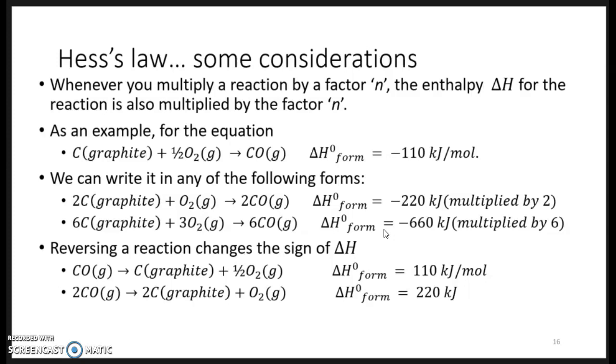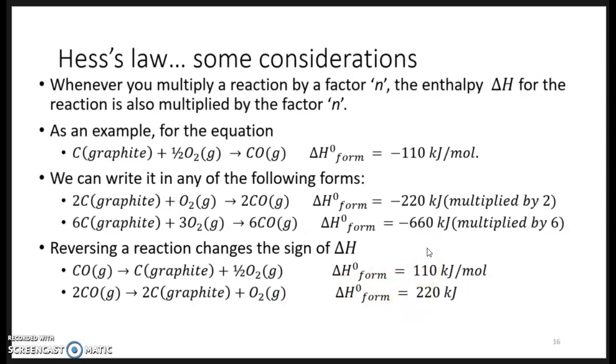It's just delta H is 110. So that's the reverse of formation. If we multiply it by 2 again, similar to what we just discussed, then its reverse is now 220. So notice that once we reverse this, the sign changes. Here it is minus 110. Here it is 110. It's positive. If there's no sign, then it's positive.